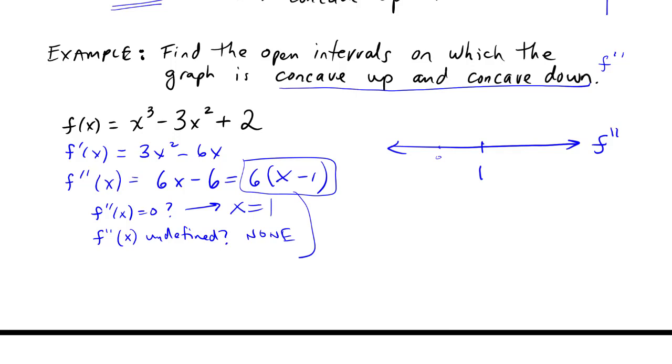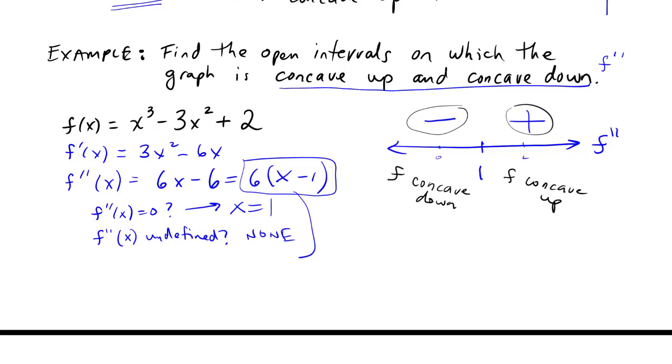If I plug in 0, I'm going to get a negative. And if I plug in, say, 2, I'm going to get a positive. So that tells me the second derivative being negative tells me the function is concave down. And over here where it's positive, it tells me f is concave up.